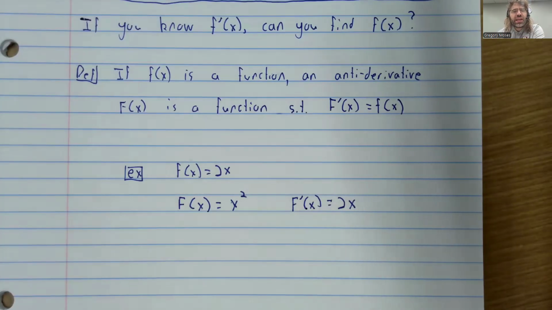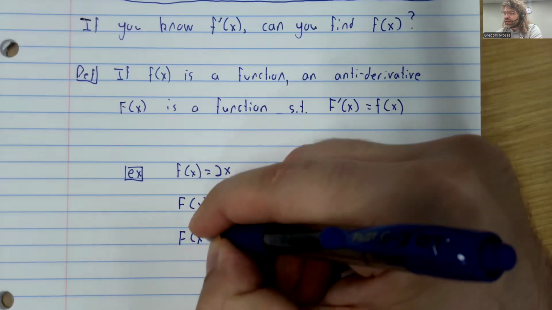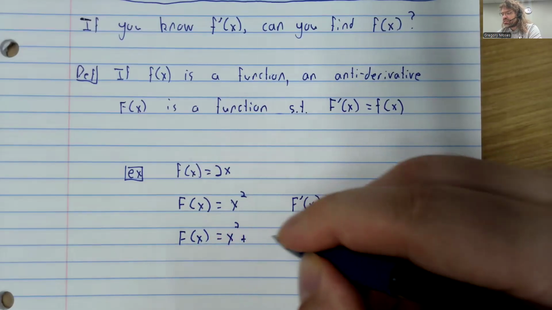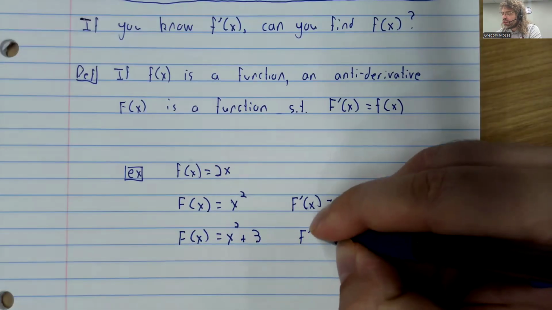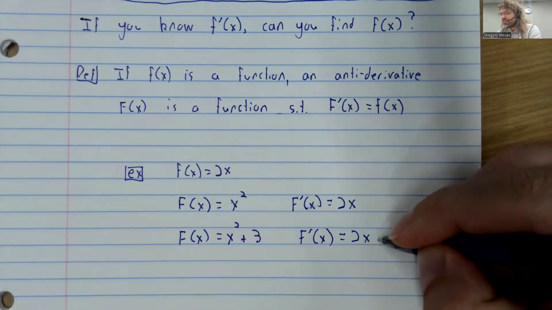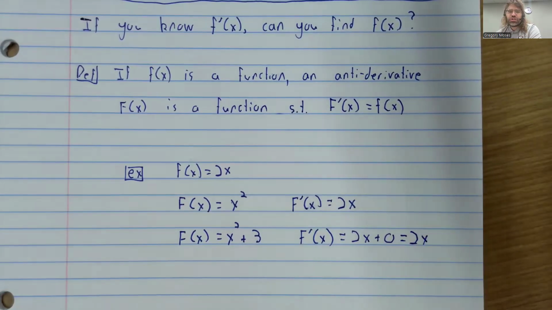You'll notice I keep saying an antiderivative. Capital F of x equals x squared plus 3 is also an antiderivative of 2x. The derivative of x squared plus 3 is 2x plus 0, which, of course, is 2x.